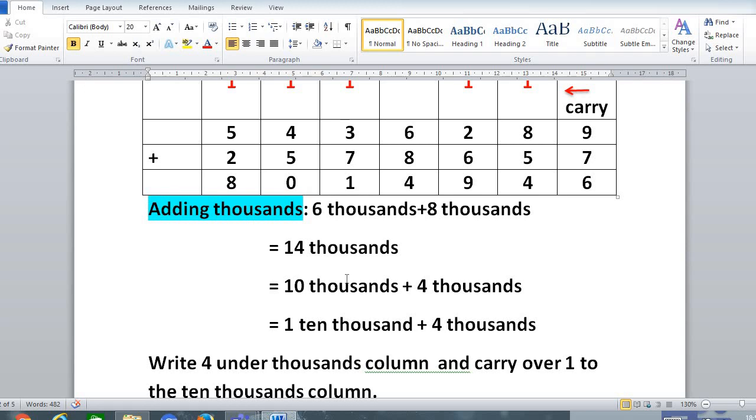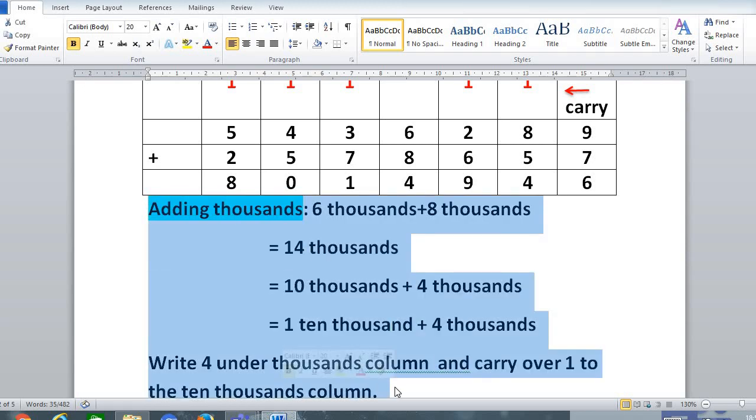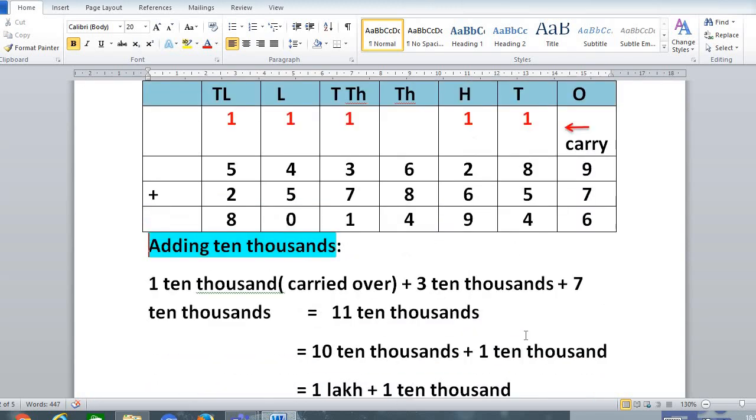Fine. So after this column, come to the ten thousands column. Look here, this 1 is already there, carried over, plus 3 ten thousand plus 7 ten thousand, that is 11 ten thousand. So 11 ten thousand can be written as 10 ten thousand plus 1 ten thousand.